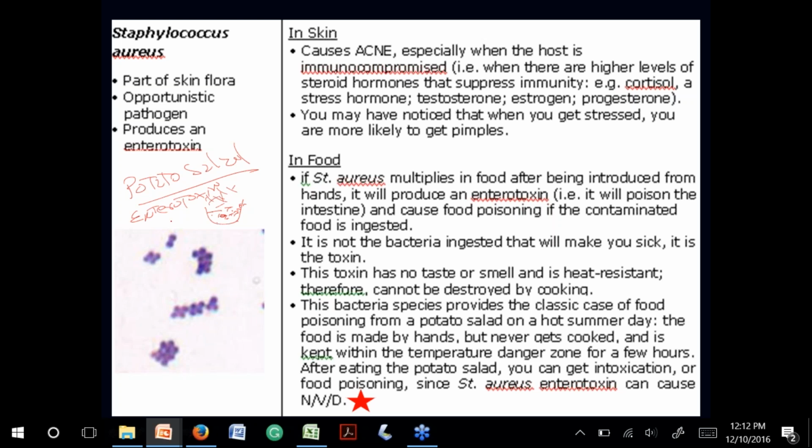This enterotoxin produces inflammation of the intestine and leads to nausea, vomiting, and diarrhea, especially diarrhea. So nausea, vomiting, diarrhea, potato salad. Well, not all potato salads.